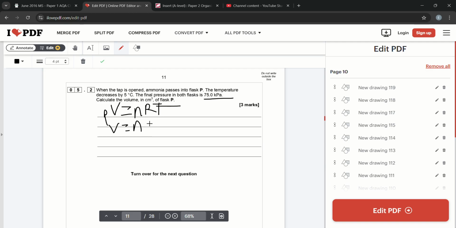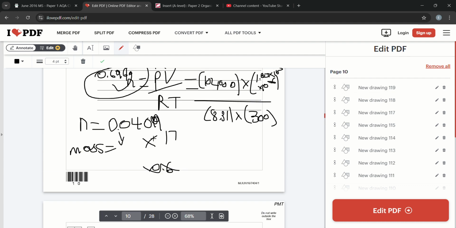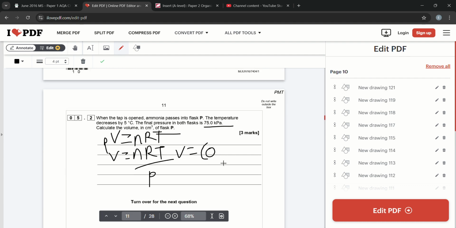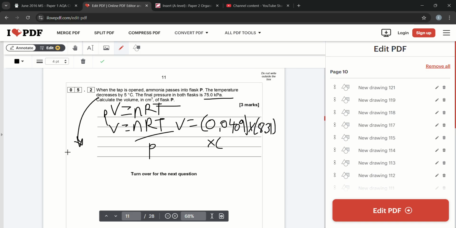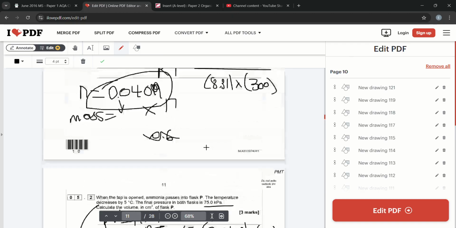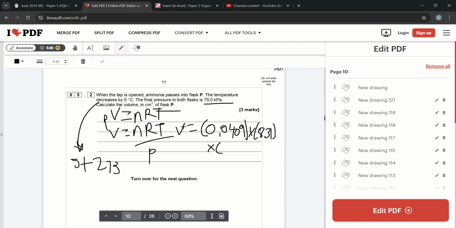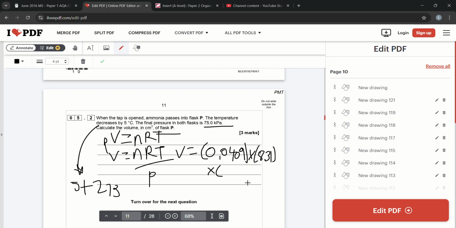Volume V is equal to nRT divided by P. V is equal to the number of moles of ammonia, which you found in 5.1, times 8.31, times the temperature in Kelvin, divided by the pressure, which is 75,000 in pascals, the total pressure.